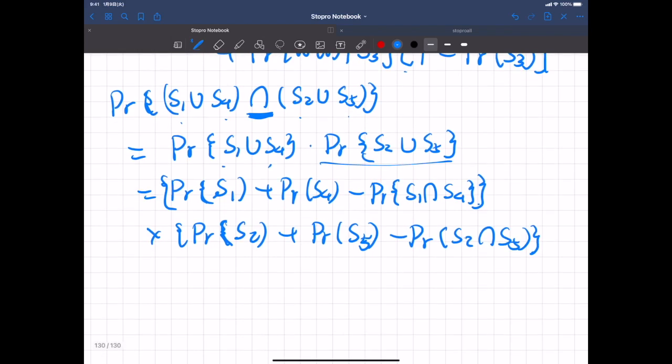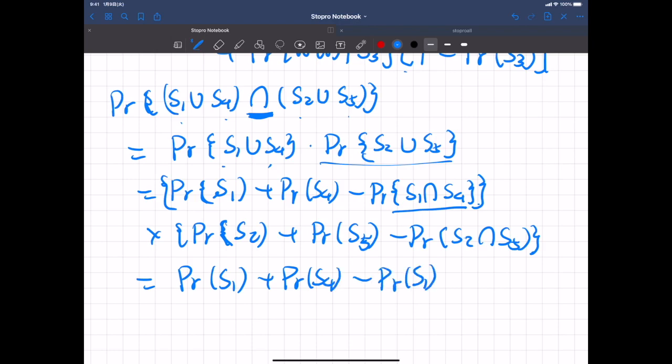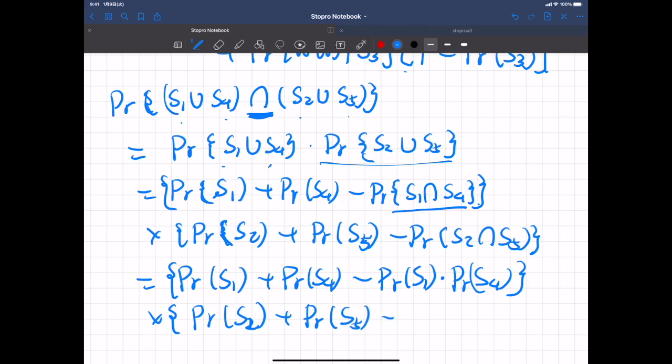And again, by independence assumption, this is the product. So we have probability of S1 plus probability of S4 minus probability of S1 times probability of S4, times probability of S2 plus probability of S5 minus probability of S2 times probability of S5.